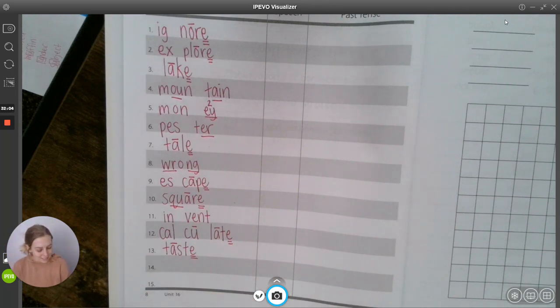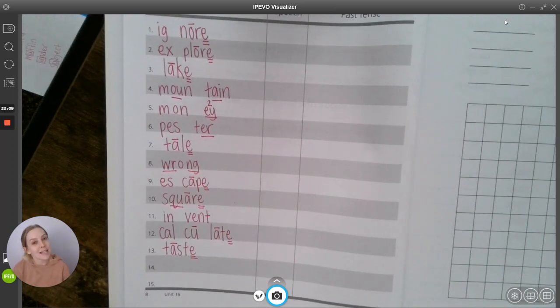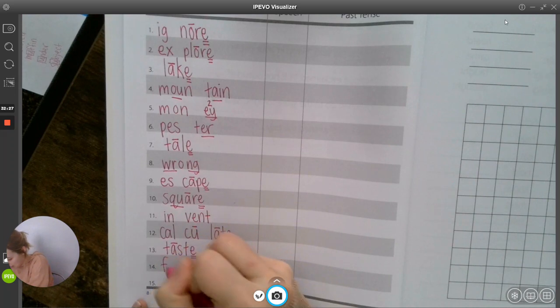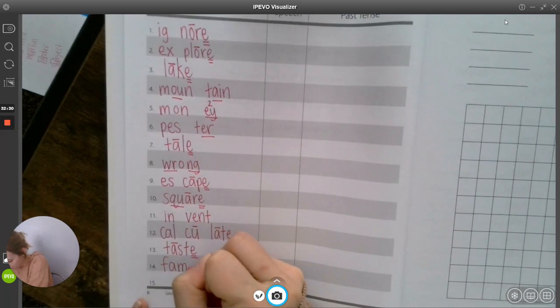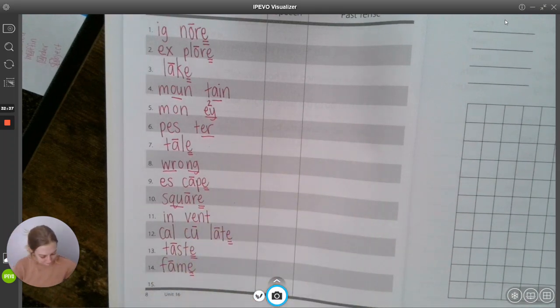Number 14, fame. His fame has gone to his head. 1 syllable, so we'll sound it out. A, finger spell. A, silent final E. And A says its long sound because silent final E.